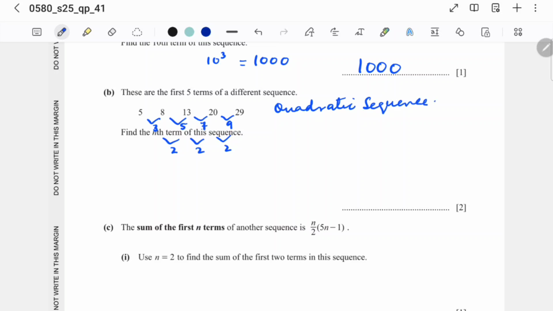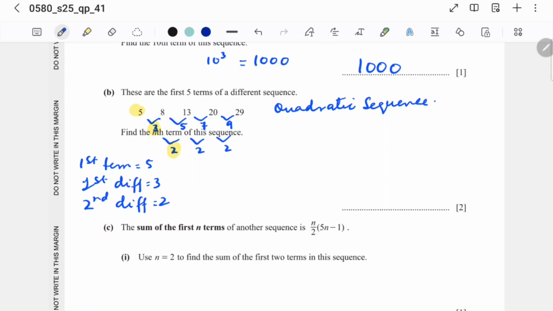Now, whenever we have to find a quadratic sequence, the first term is equal to 5 here, the first difference is equal to 3 here, and the second difference is equal to 2 here. Okay, these are the 3 numbers which I have written here.